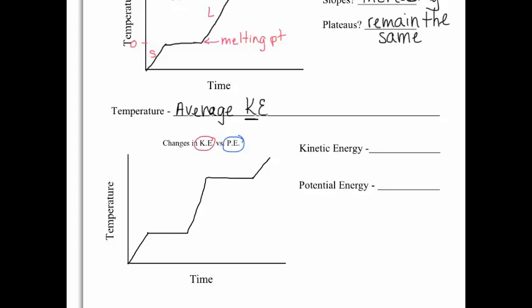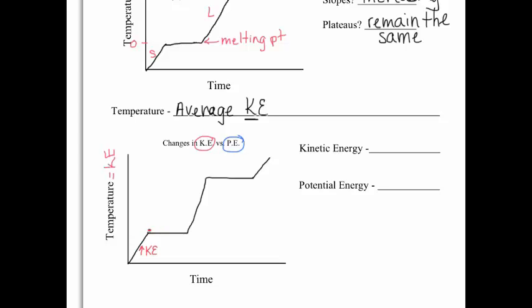Whenever temperature is changing, temperature you can think of as being equivalent to kinetic energy. So if temperature is changing, kinetic energy is changing. This first line segment, when we were just heating up the ice, we were actually changing the temperature. So that means there was an increase in kinetic energy. The potential energy in that line segment remained the same.